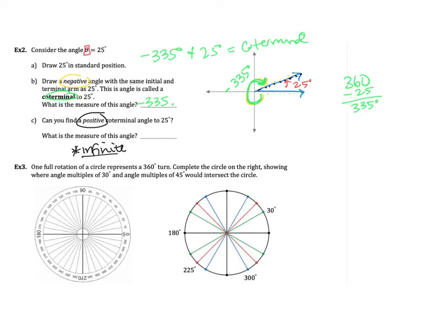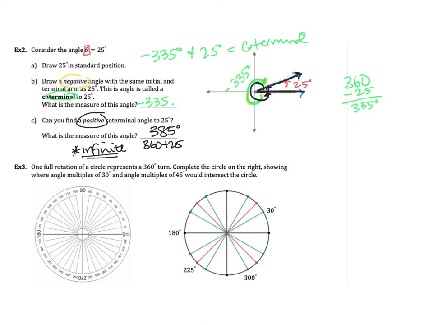Okay, so why do I say there's infinite? Well, that's because we can go around the circle an infinite amount of times. So I can start at my positive x-axis, and if I go around a positive direction, around one circle, that's 360, and then I can go 25 to end up here. So I could do 360 plus 25 degrees, so another positive angle would be 385 degrees.